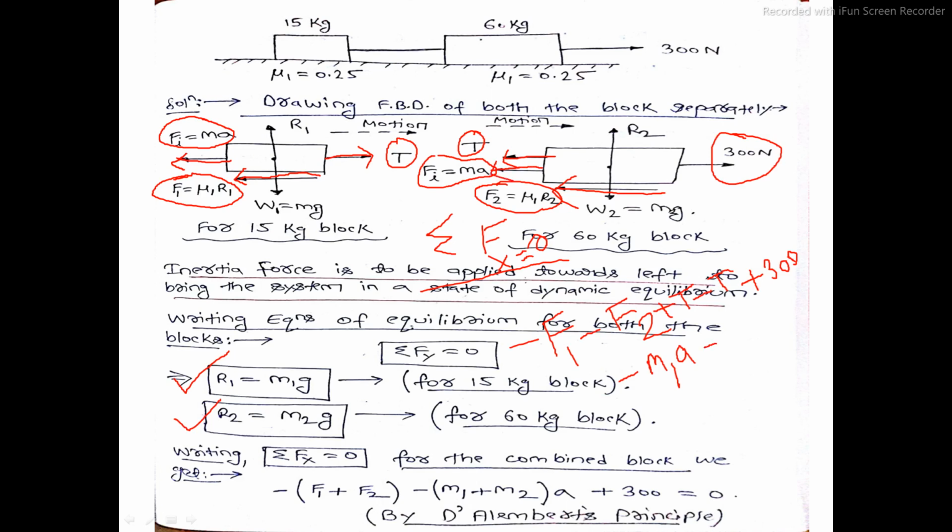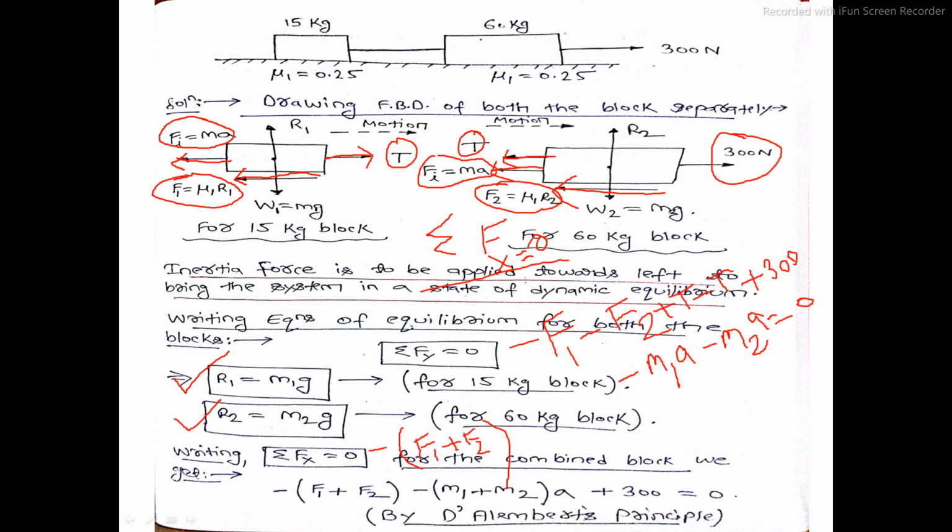So I can write minus M2 into A is equal to 0. Or I can write this equation as, I can take minus common. If I take minus common, what I will get? I will get F1 plus F2.